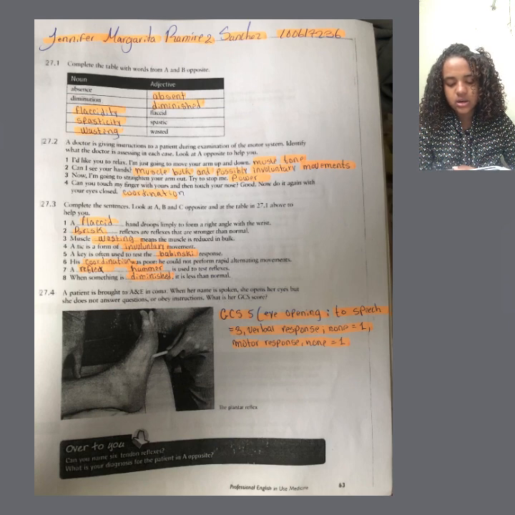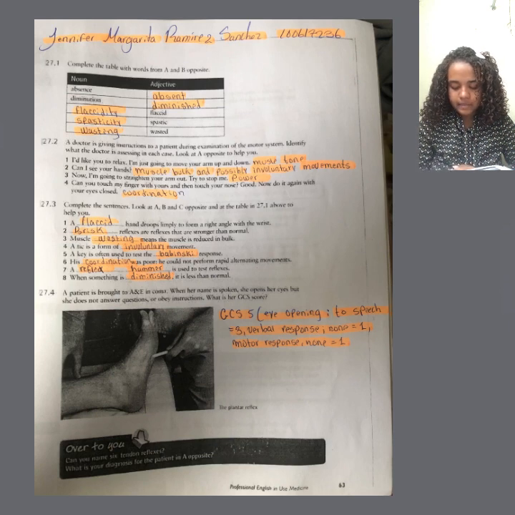Eye opening to speech scores 3. Verbal response none scores 1. Motor response none equals 1. The plantar reflex.